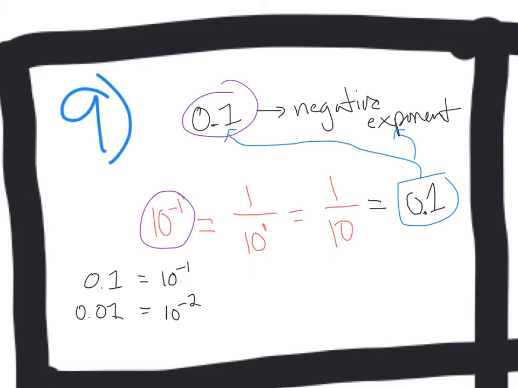Okay, so we've also got this problem right here, 0.001. If I had to move my decimal, I would move it once, twice, 3 times. So this is actually going to be 10 to the negative 3. We'll learn about this more later when we explore scientific notation. And then the last one was this.